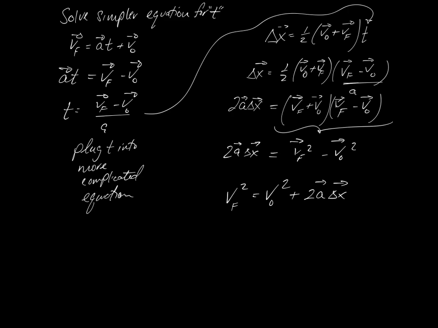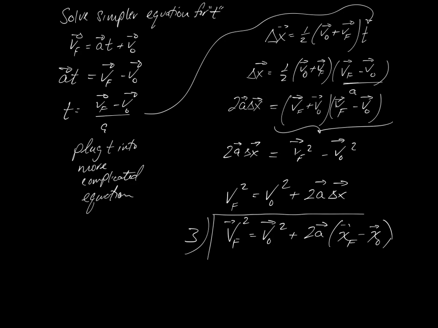It says v final squared equals v naught squared plus 2a, and there's a parentheses x. I guess they mean x final minus x initial. Now, these are the same thing. I like writing it this way, but the AP board writes it like that.